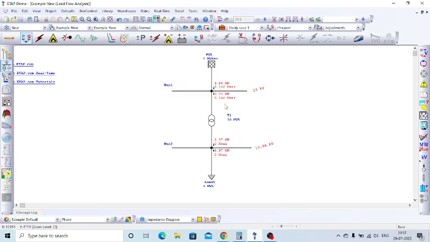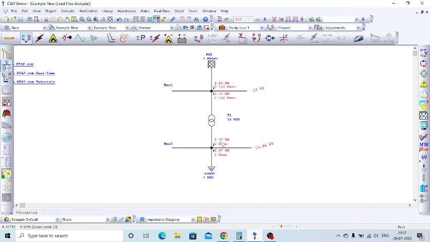And in the transformer, as we said, in the primary side, the real power is 3.98 megawatt and the reactive power is 0.142 Mvar. So you may think that the load connected in the transformer secondary is unity load, so it will operate only at unity power factor.